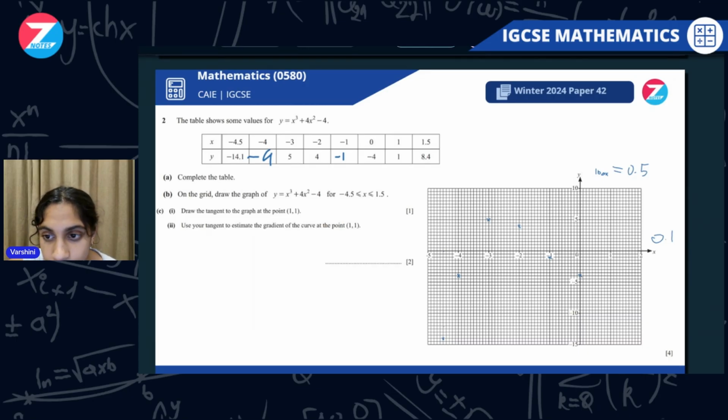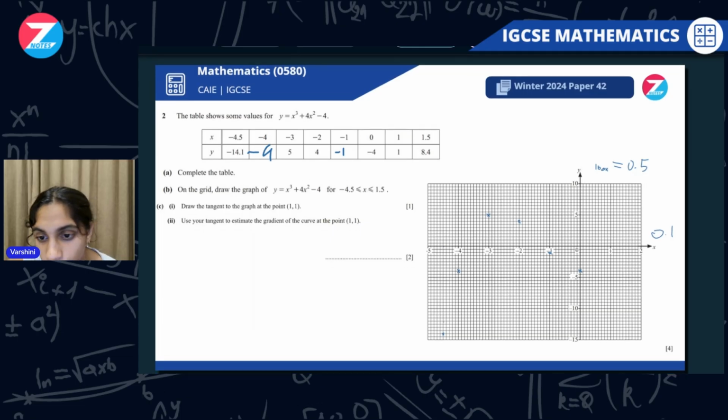And over here is the next one, 1 comma 1, which will just be 0.5 and 1. And the last one, which is 1.5 and 8.4.